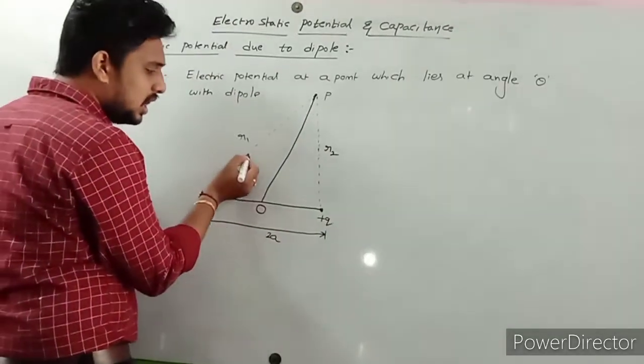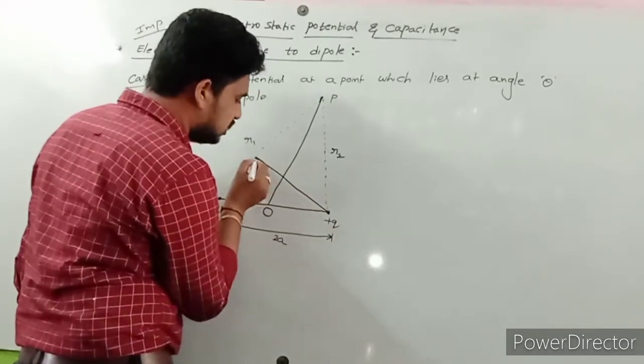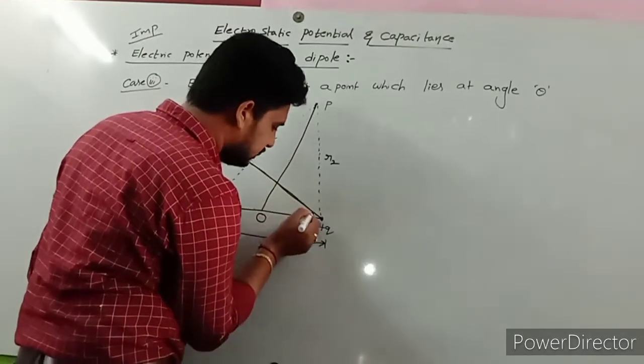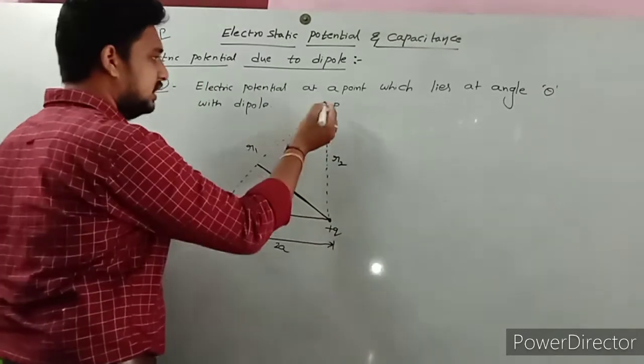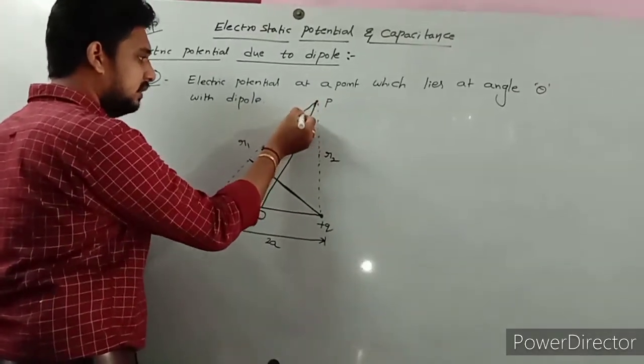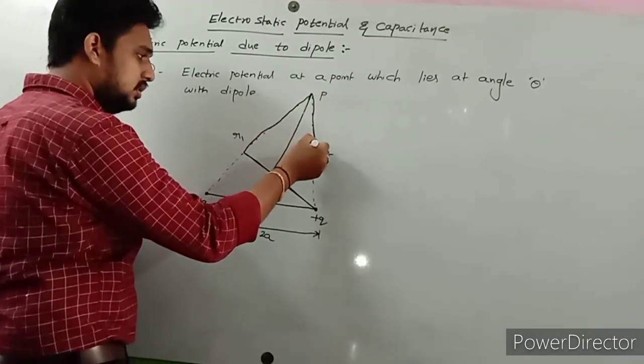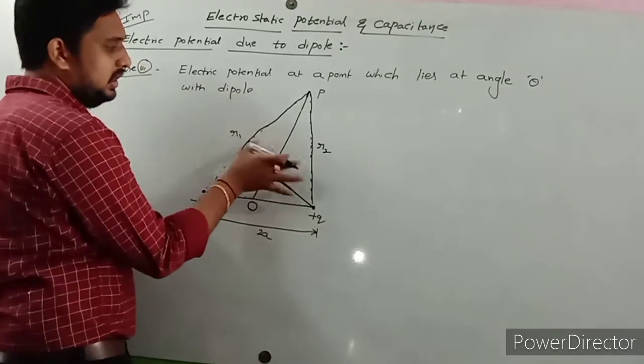Now if you draw the perpendicular line to the plus Q charge, these two distances become equal.